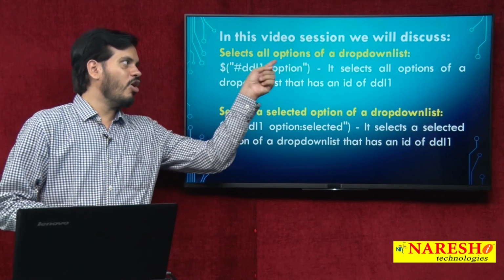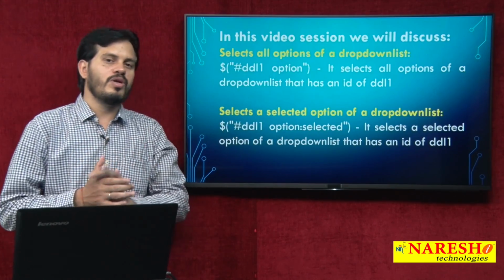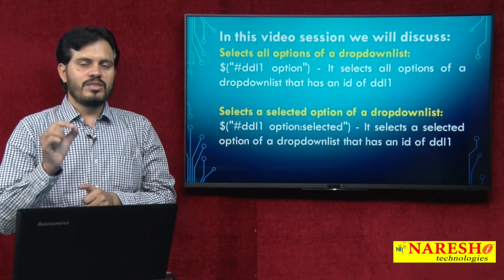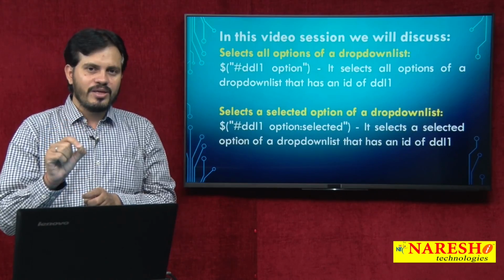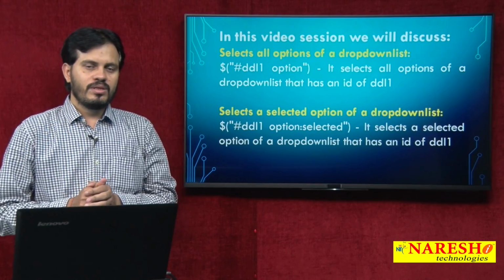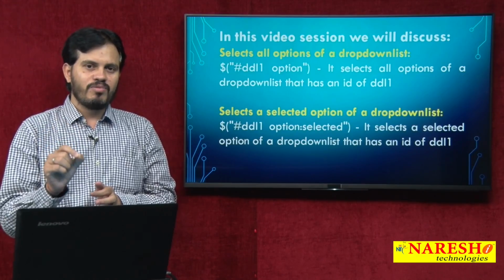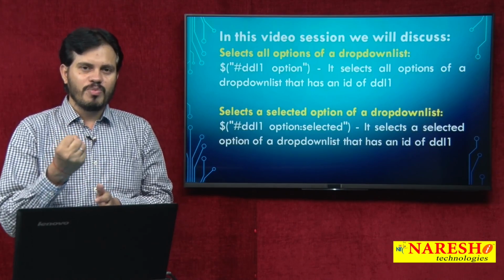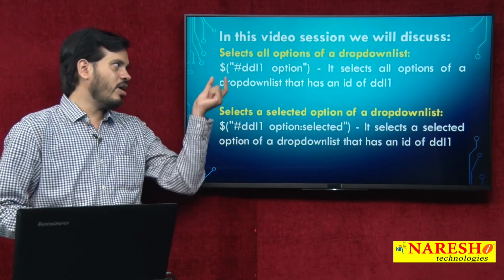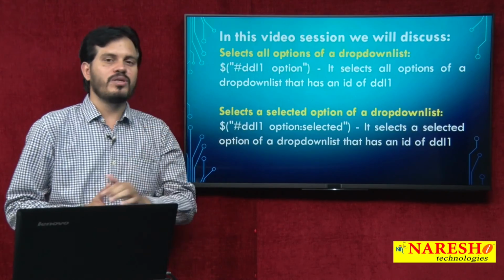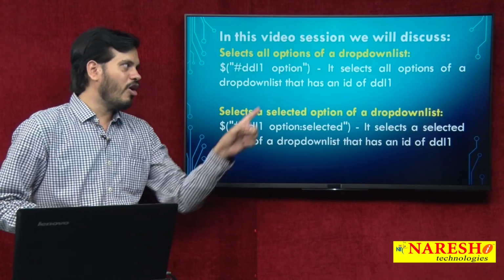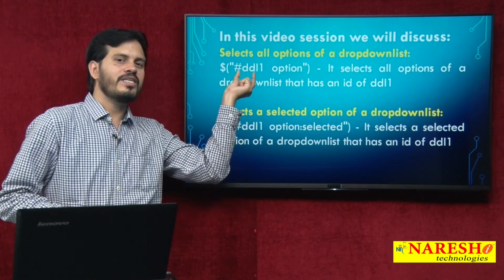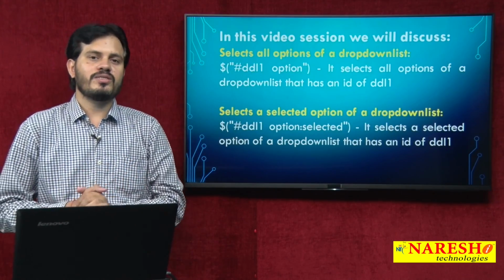So how do we select all options of a particular drop-down list? Here I am writing $("#DDL1"), which means the select tag has an ID with the name DDL1, and in that, whatever options are present, we want to get all of them. So we write $("#DDL1 option"), which selects all options of the drop-down list that has an ID of DDL1.